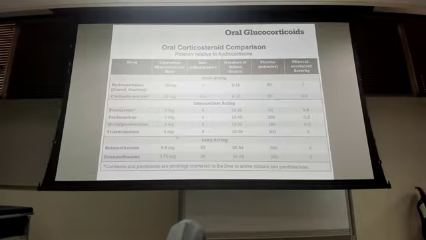Prednisone is essentially our gold standard, and we have our equivalencies to that prednisone. So that's what you're measuring everything up against. Your dexamethasone is one of your long-acting ones. This is the one that we talked about in asthma, and we said that they like to use this in the ER because it does last for a long period of time. They don't have to keep dosing those patients, right?